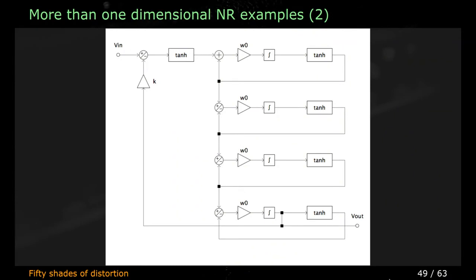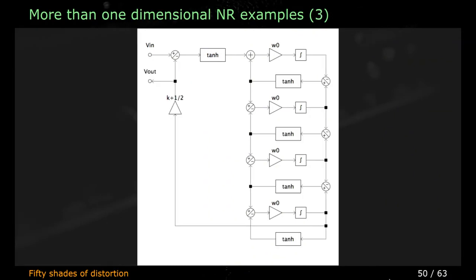And we can do Newton-Raphson on very complicated things. For example, here, this is the Moog filter. Here's the EMS VCS3 filter. And when we do Newton-Raphson and stuff like that, we need to solve not only one implicit equation at a time, but like 2, 3, or 4 implicit equations at the same time.